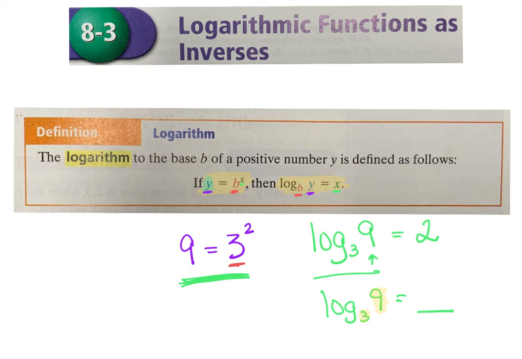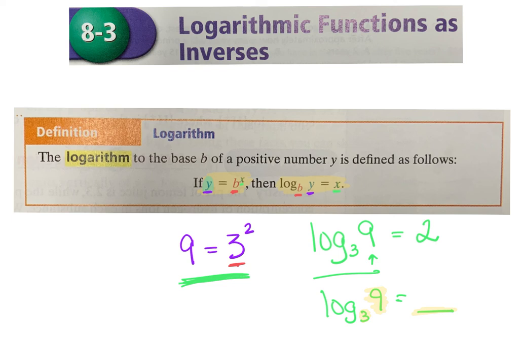And your answer would be 2. And that's what a logarithmic function is. You have a base. The base tells you what number you are taking to a power. Of what tells you what number you're trying to eventually get. And your answer for a logarithm is the exponent that you would take it to. They are inverses of each other.